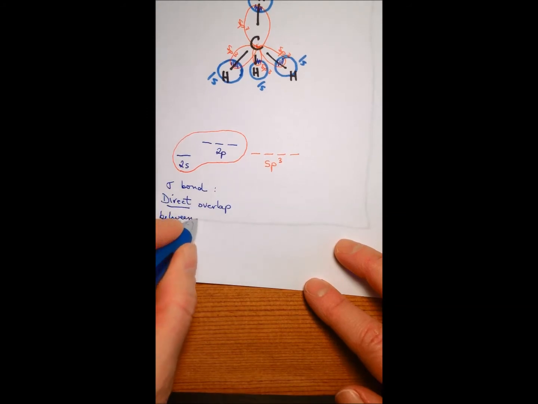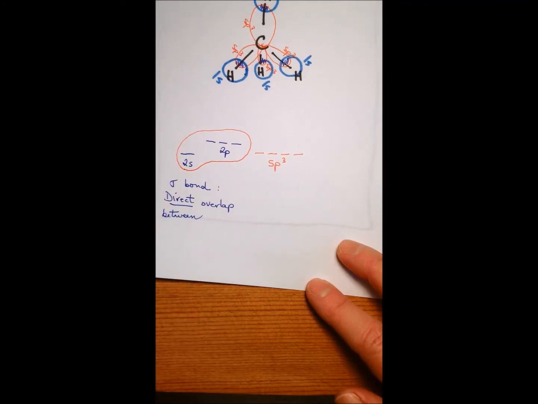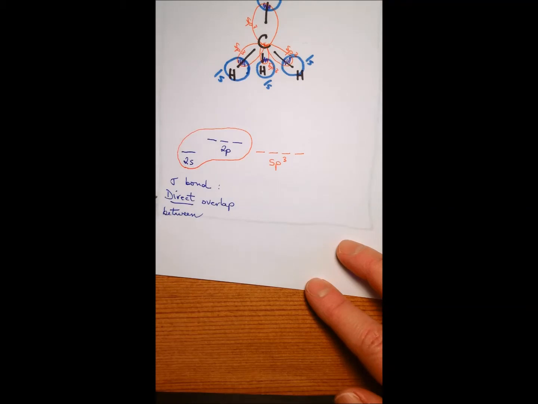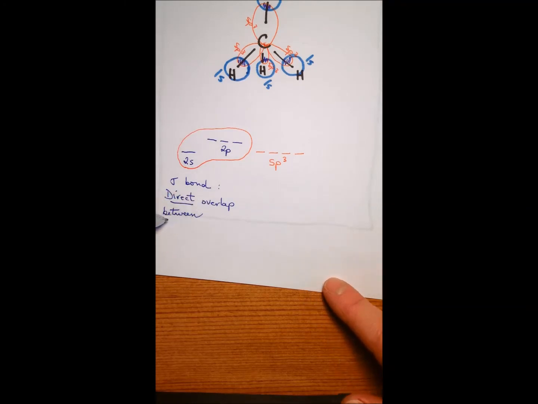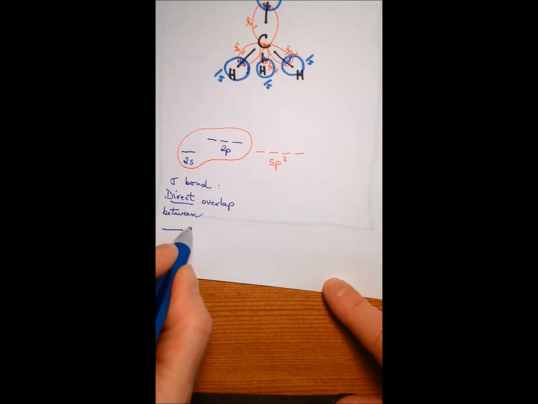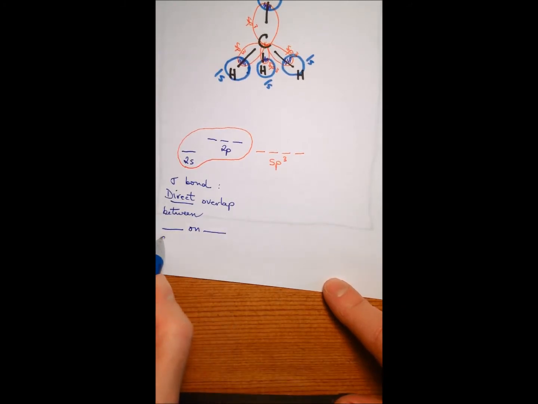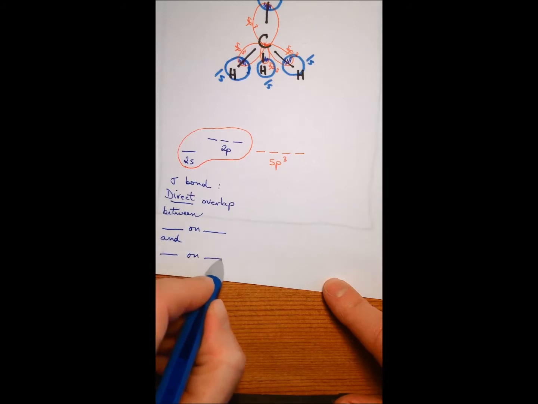Anytime you write out a description of these covalent bonds, you're going to write that if it's a sigma, it's a direct overlap between an atomic orbital on one of the atoms and an atomic orbital on the other atom.